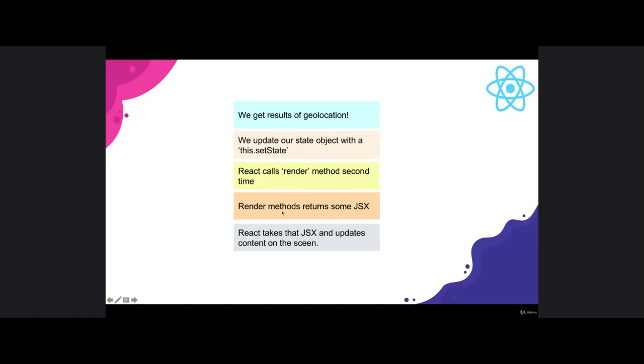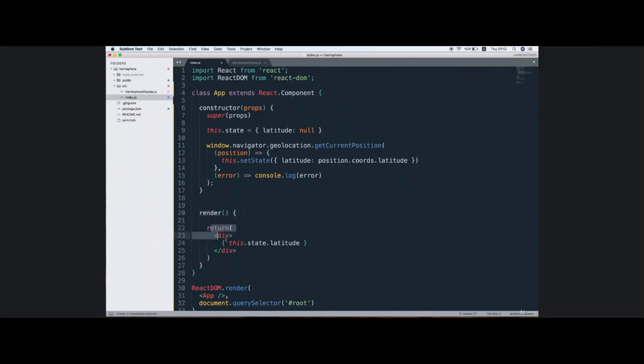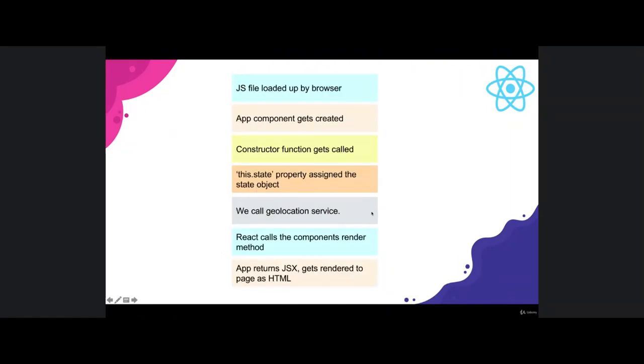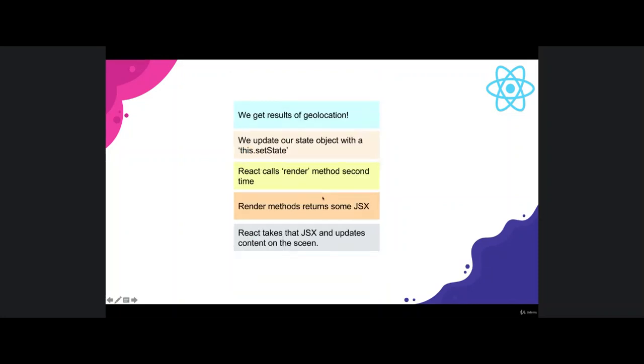The render method returned some amount of JSX, which was then used to update the content on the screen. Now, one thing that's really important to understand here is that our app component was actually rendered two times, right? One time when our application first started up, and then a second time after we updated our state.